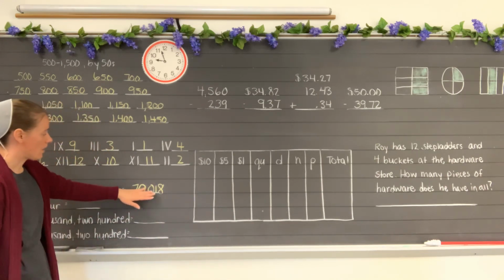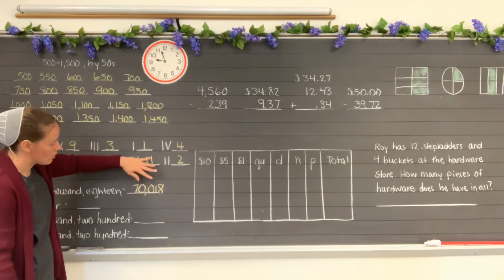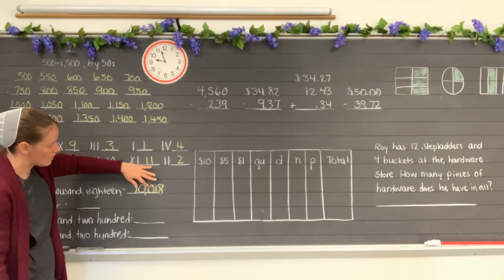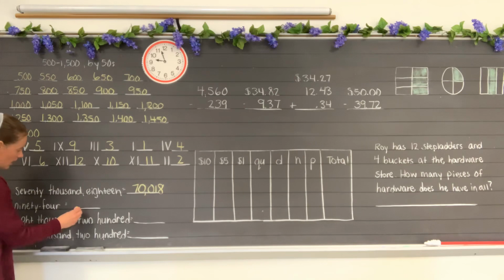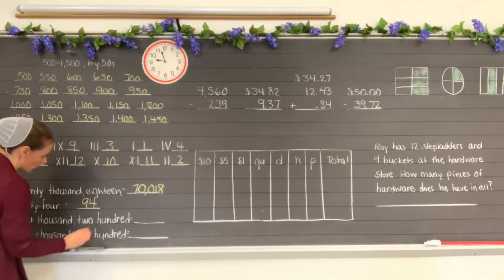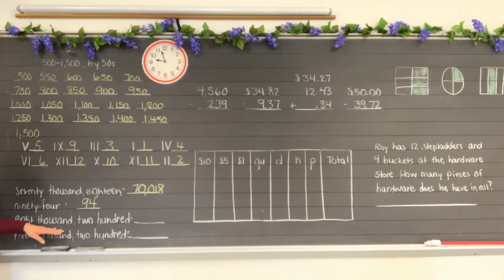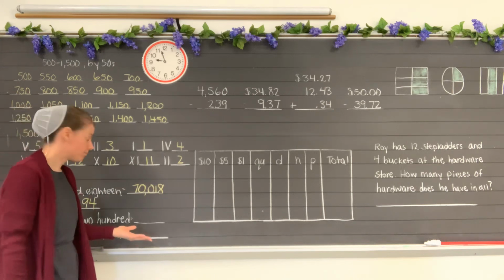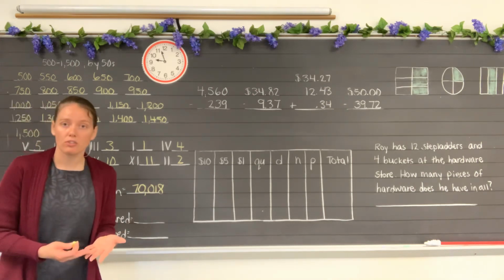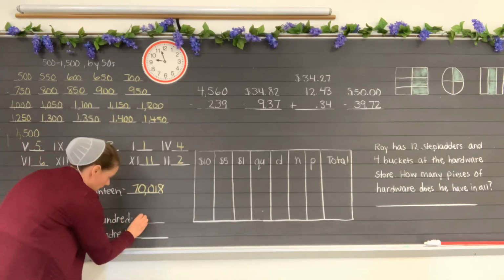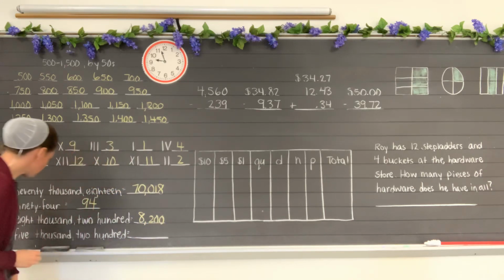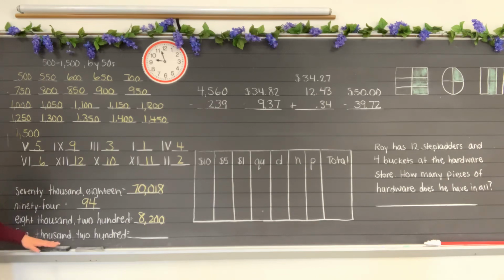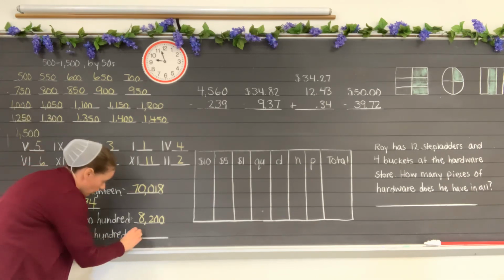So you want it to say 70,018, so you need to stick a 0 in here before the 18. Then we have 94, and that's easy, 94. 8,200. So 8,200, just simply write out 8,200. And then we have 5,200.